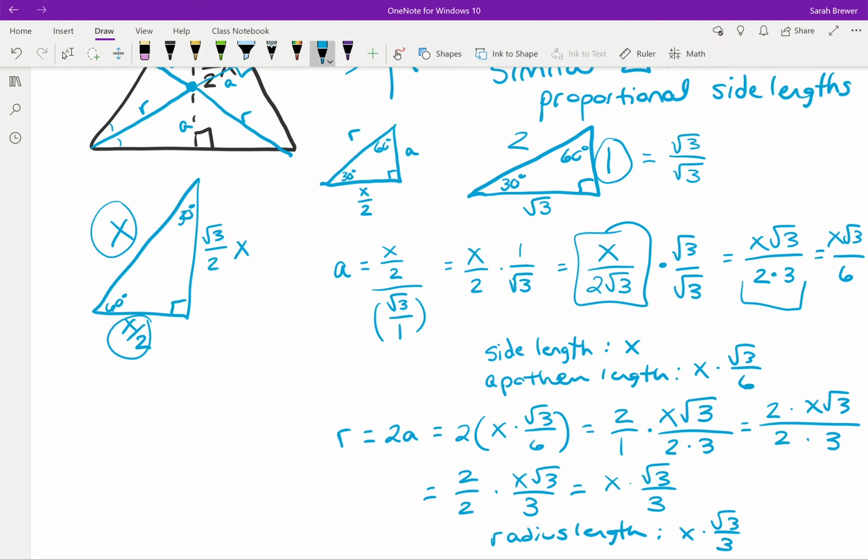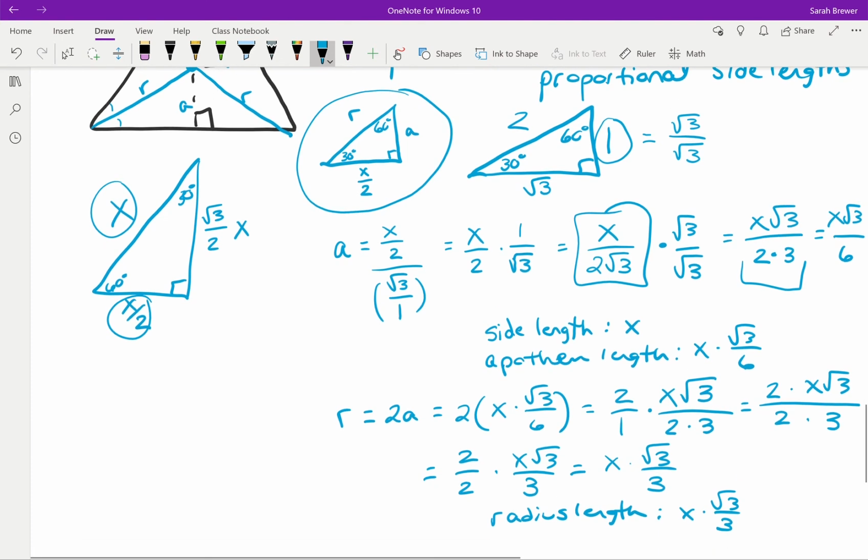So let's just look very briefly at how some of these things are related. We said the radius is equal to twice the apothem. So if I divide both sides by 2, my apothem length is equal to my radius over 2.